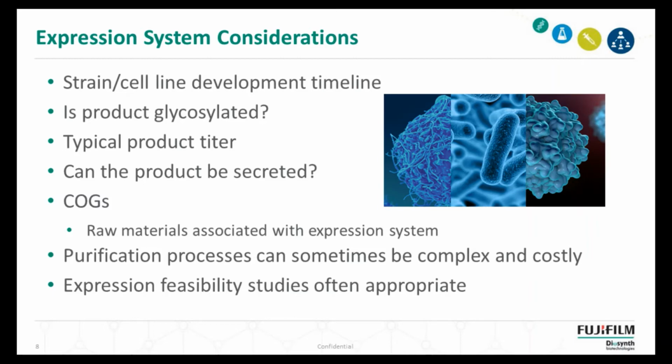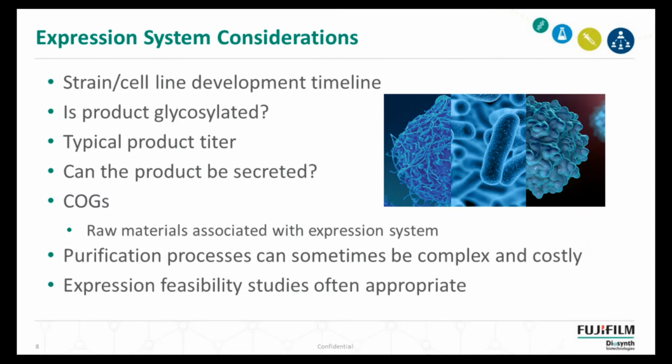So the timeline for how long it takes to develop the appropriate host strain or cell line can become a critical factor. But overriding that will be considerations on the intrinsic protein or product properties. For instance, if glycosylation of the product is needed, that will likely influence the choice of the host system for expression.